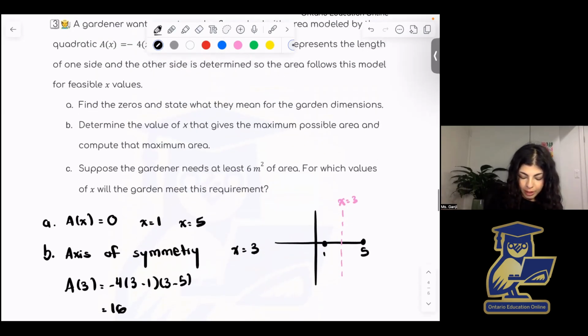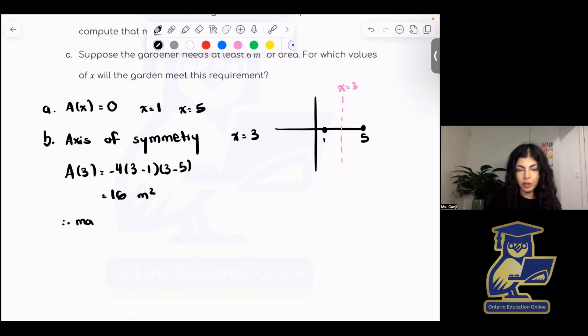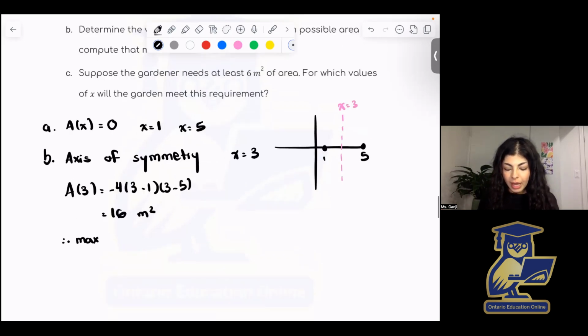So therefore, write a full sentence: the maximum height is achieved when one side length is 3 meters, and the maximum, I think I said height, the maximum area is 16 meters squared.